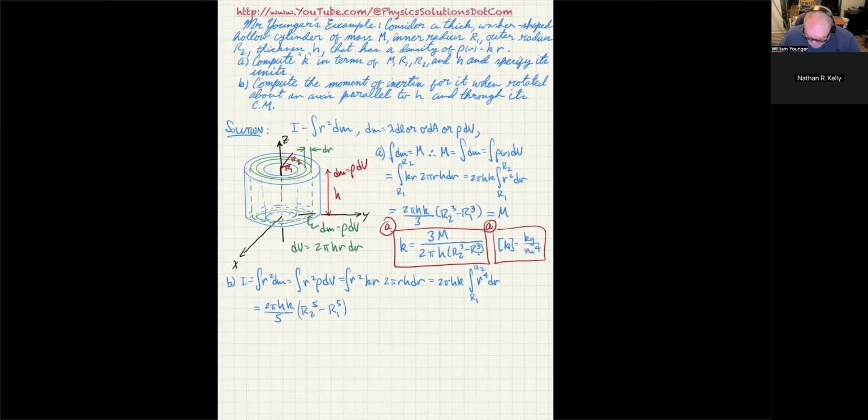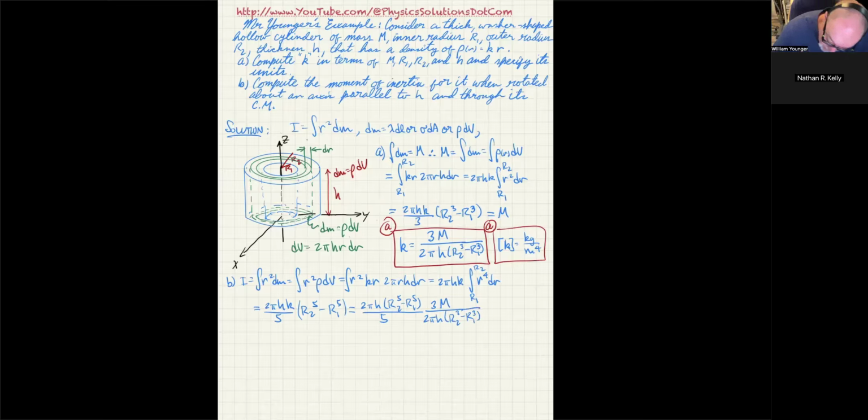Now that is in terms of k, so that's not very helpful to us, but we can go ahead and put in the k. I'm going to say this is 2 pi h times r2 to the fifth minus r1 to the fifth, all of that divided by 5. And now I'm going to plug in my k, and my k was 3m over 2 pi h times r2 cubed minus r1 cubed.